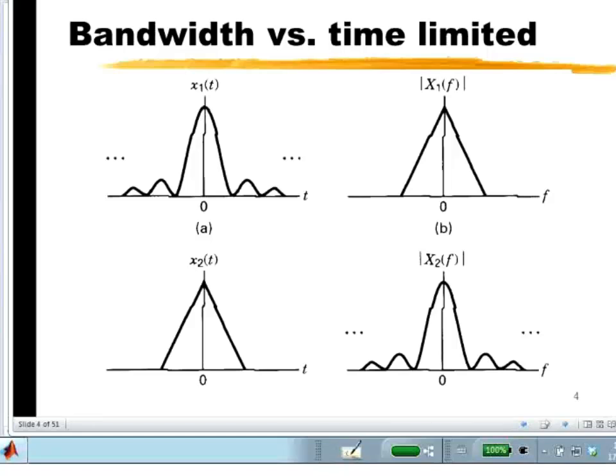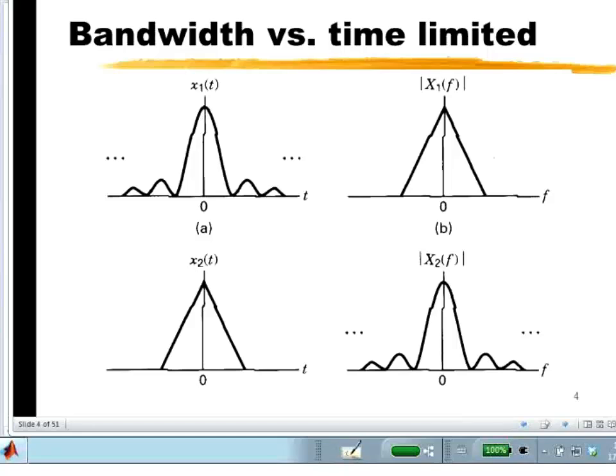Here we have the sinc squared function in the time domain at the top, and at the bottom, on the right, we have the Fourier transform of this, which is a triangle. And by duality, we know that if we instead started out with the triangle in the time domain, in the frequency domain we would have the sinc squared function.